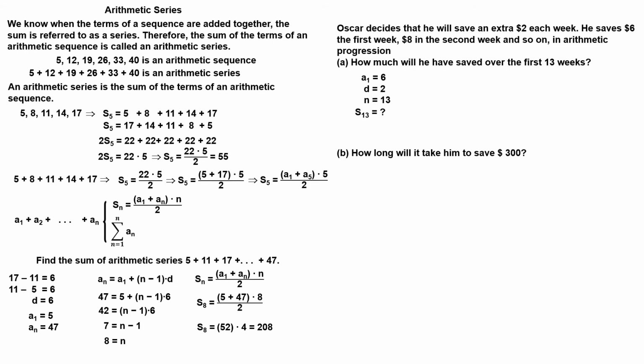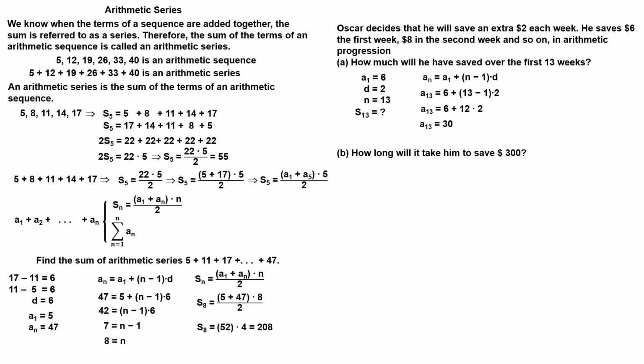First of all, we need to find the last term. So we substitute the known values into the general term formula for an arithmetic sequence. The last term is 30.